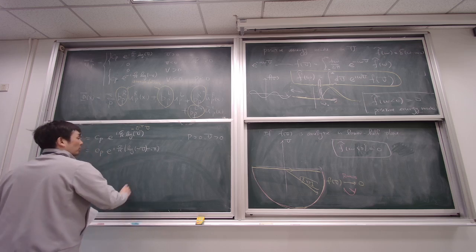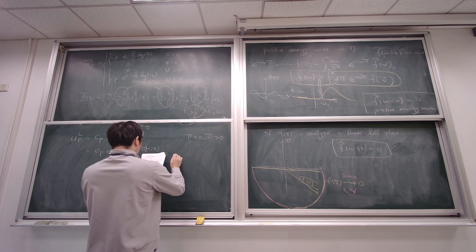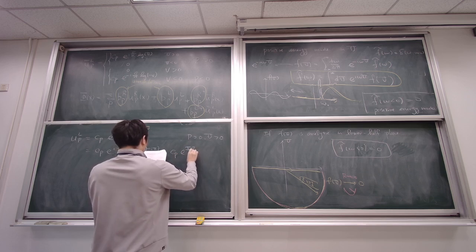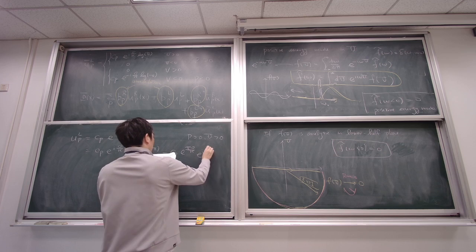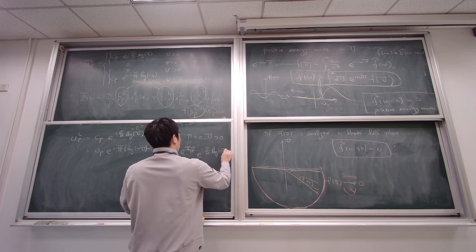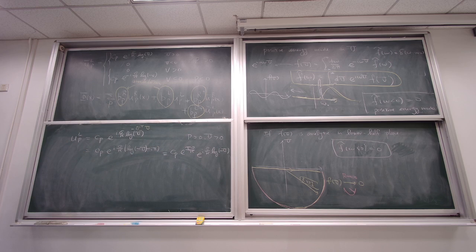And this can be written as follows: Cp e to the pi sigma over kappa e to the I sigma over kappa log minus U. Log minus U. U is not positive here, right? U is positive because I picked, sorry, I think I missed a bar here.